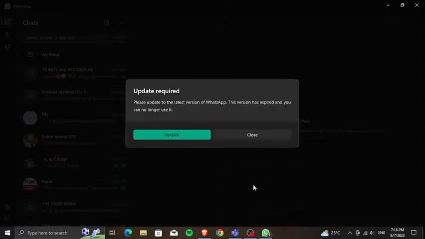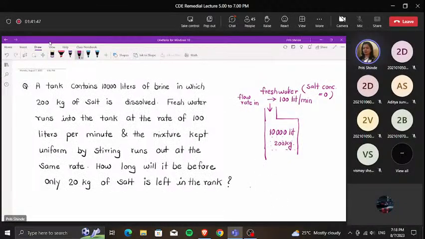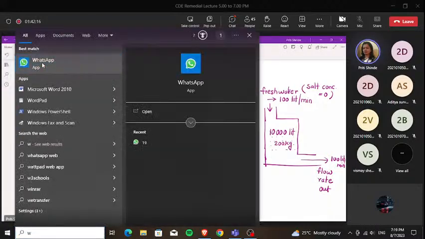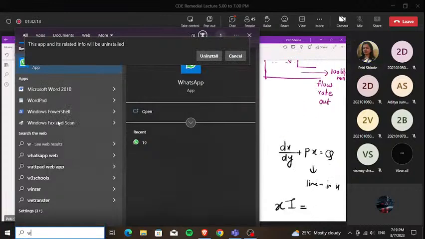Then it runs out at the same rate, so water is leaving the tank at the same rate. So flow rate in is the same as flow rate out, which is again 100 liters per minute. So draw a rough diagram: in fresh water the salt concentration is 0.